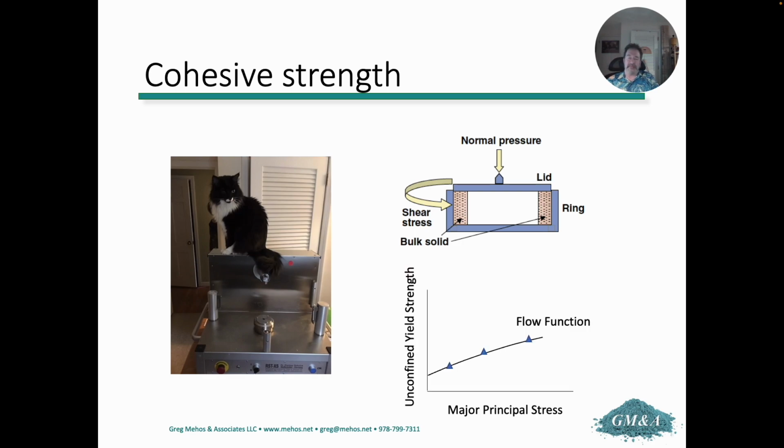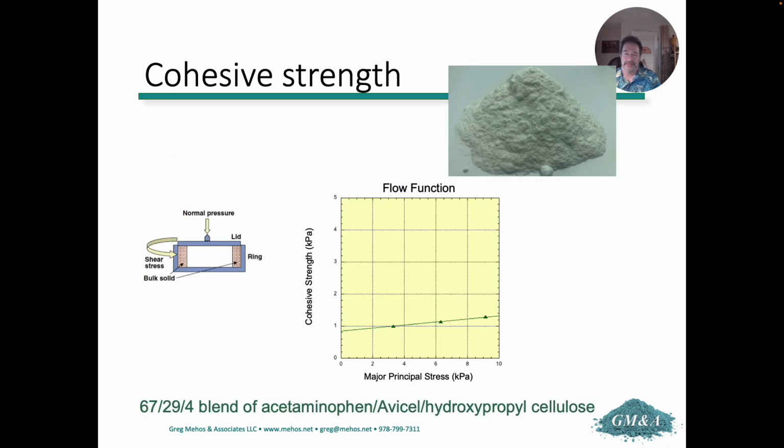And eventually we can get what's called the flow function, which is the relationship between the unconfined yield strength and the major principal stress. This is just nerd language for the cohesive strength versus the maximum pressure inside the cell. So strength versus stress. And as you can see, usually the strength increases as you apply the stress.